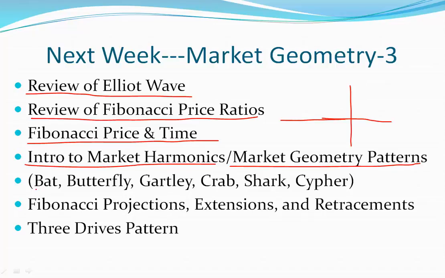All right, so if I take the bat, the butterfly, the Gartley, the crab, the shark, the cipher, these are all what they call harmonic patterns that were developed by a couple of people. You have Bryce Gilmore. Originally started with H.M. Gartley in a book he had, and in that book it was page 222. So they called that the Gartley pattern because he figured that if the market did something like this, it had a pattern.